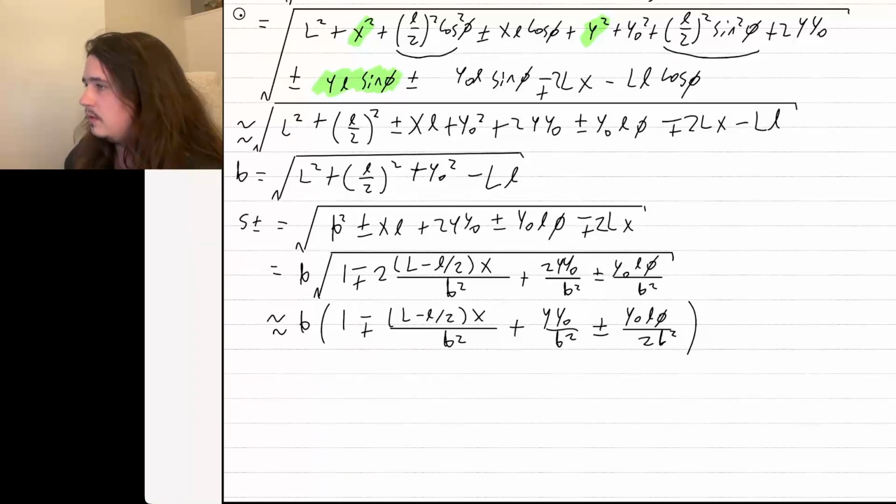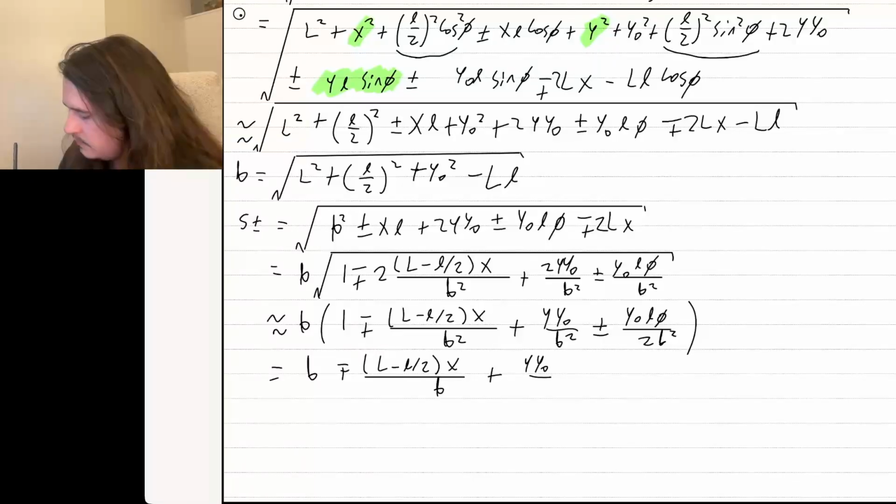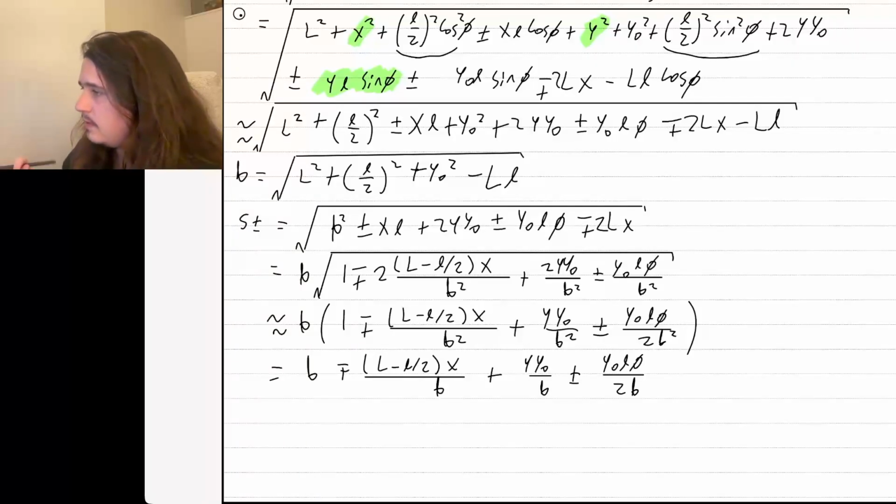So I'm even going to factor that b through before we do anything else. B minus or plus L minus L over 2 times x over b plus y naught over b plus or minus y naught L phi over 2b. Fantastic.